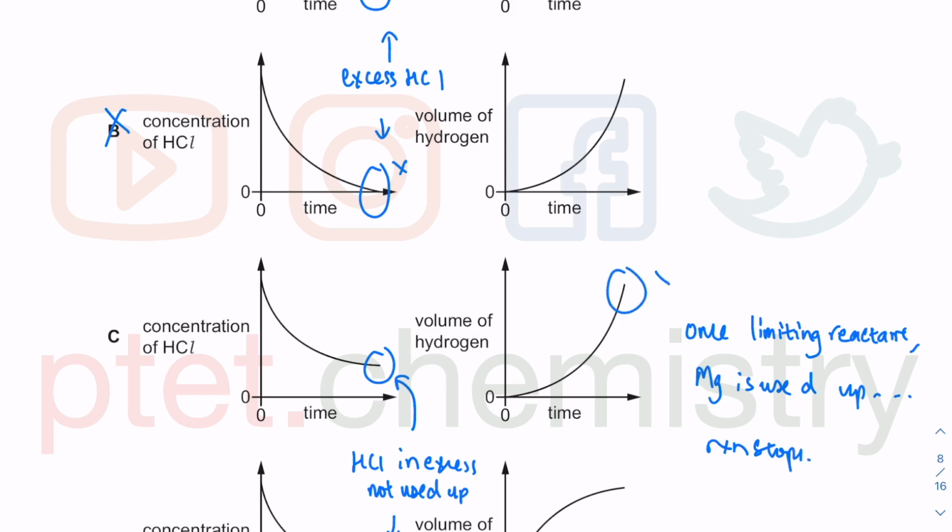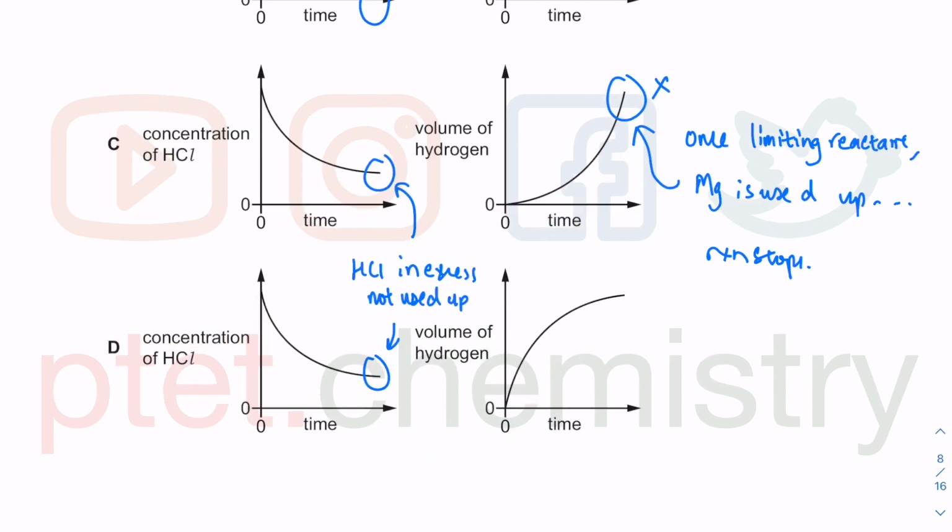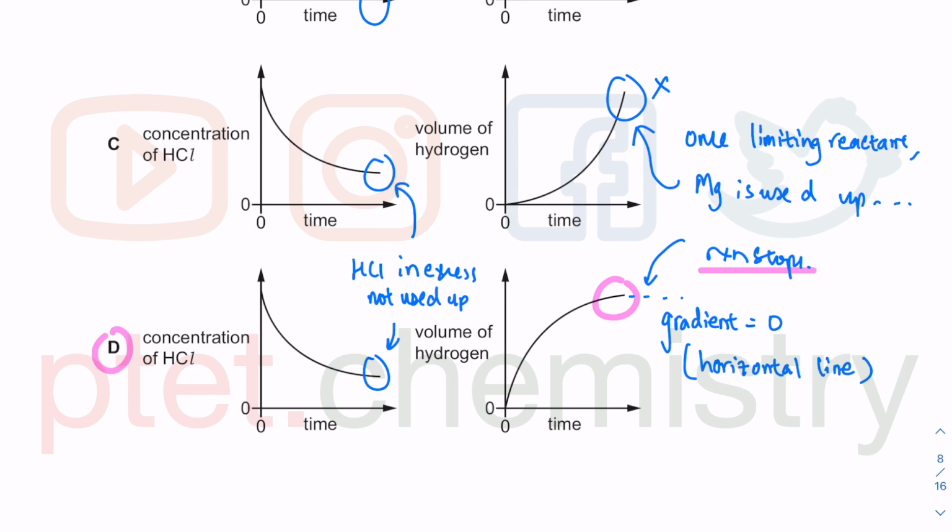It slows down such that your gradient becomes 0, because it becomes a horizontal line. A horizontal line has a gradient of 0 because there is no change in the vertical axis. So a horizontal line, gradient 0, suggests that the reaction will have stopped, and that is where the limiting reactant will have been used up. So D must have been the best answer of all.